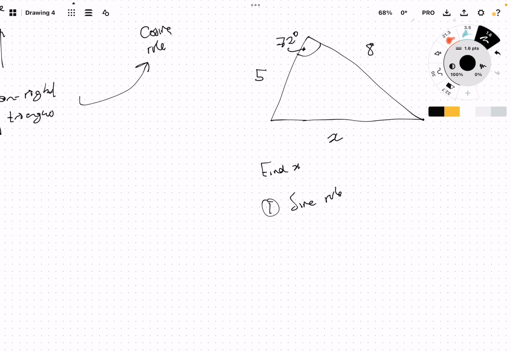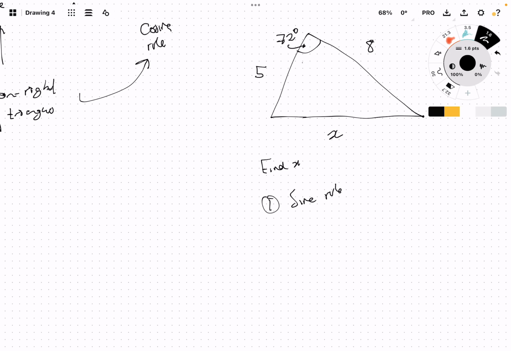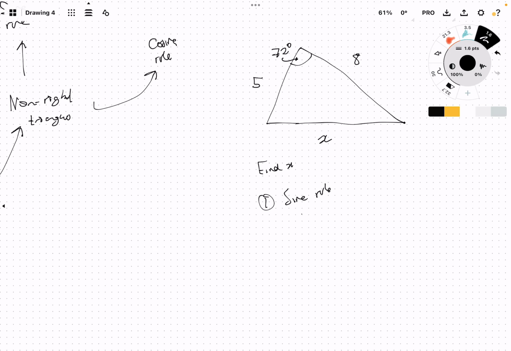What happens if we try? We have x, and the opposite angle is 72. So x over sine 72 equals 8 over sine A, let's call this angle A. This angle is unknown, but we can use the fact that these all add up to 180 to get that it is 108 minus A, equals 5 over sine of 108 minus A.